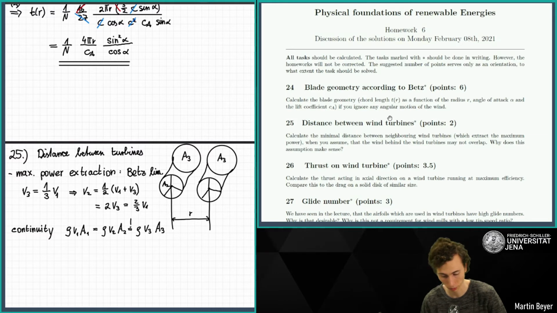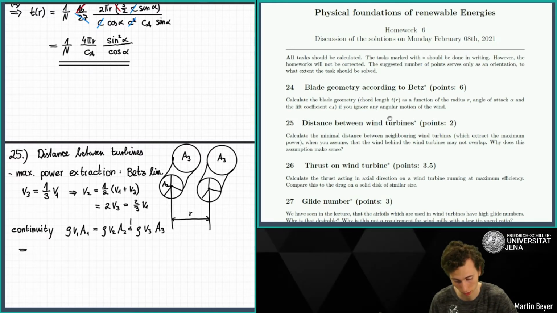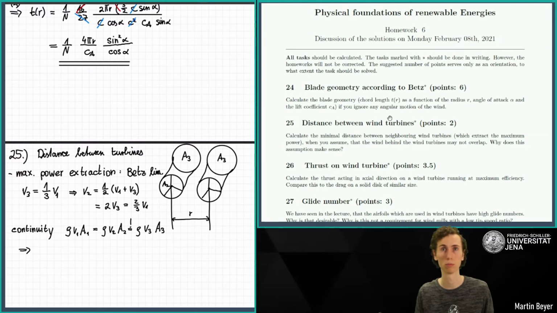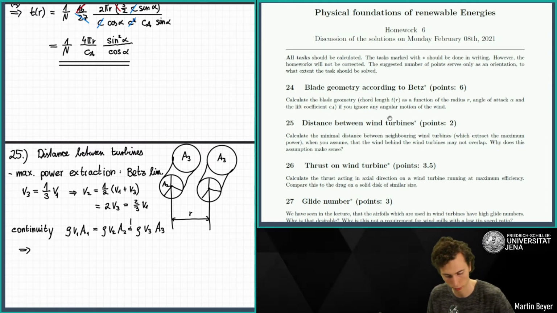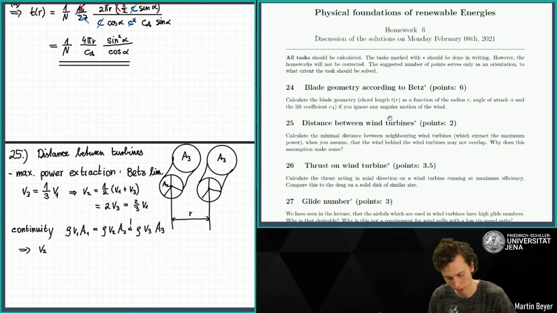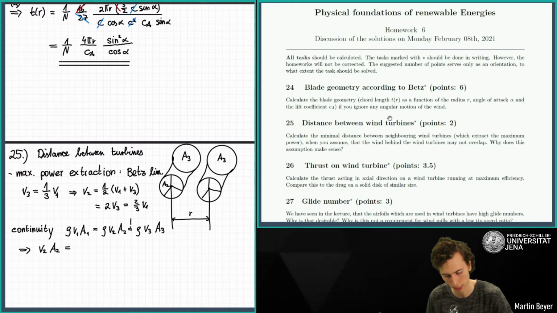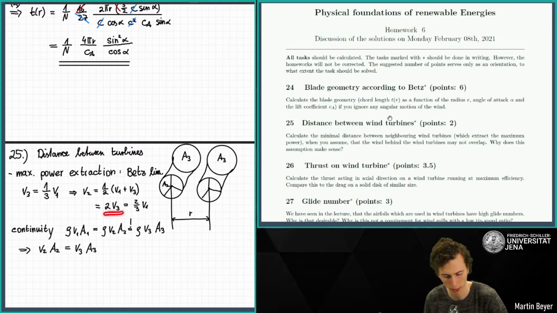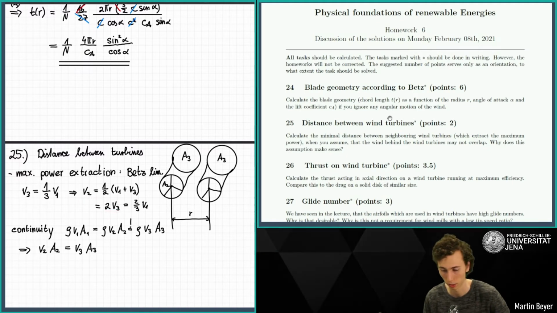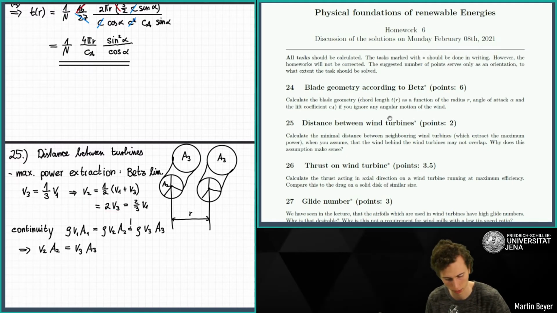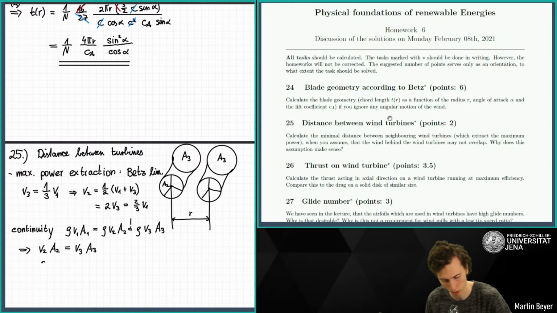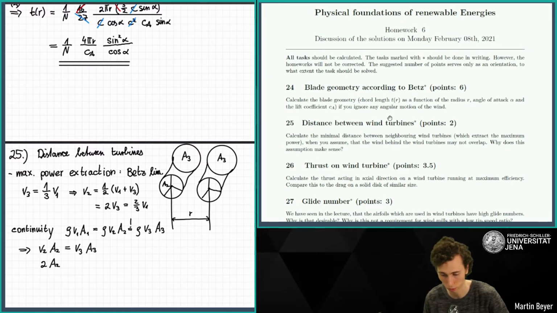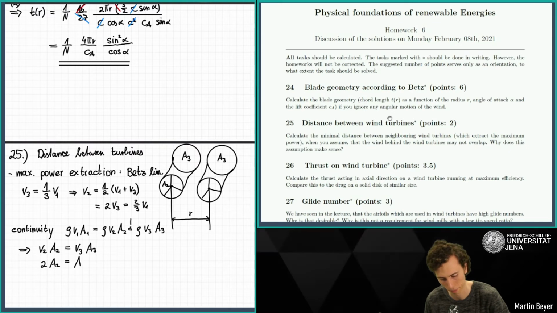So from that, using that the density of air is a constant, we can find that v2 times A2 must be equal to v3 times A3. And using the relation that we found here that connects v3 and v2, we can easily see that substituting back that 2 times A2 must be A3.